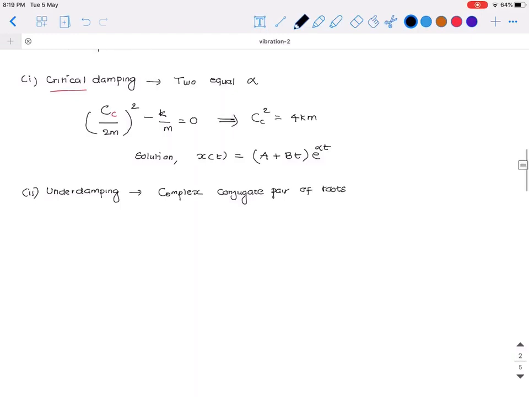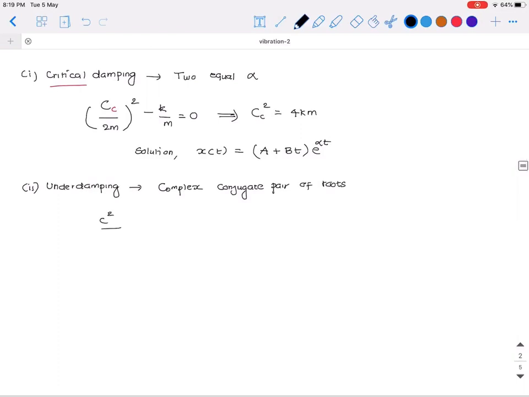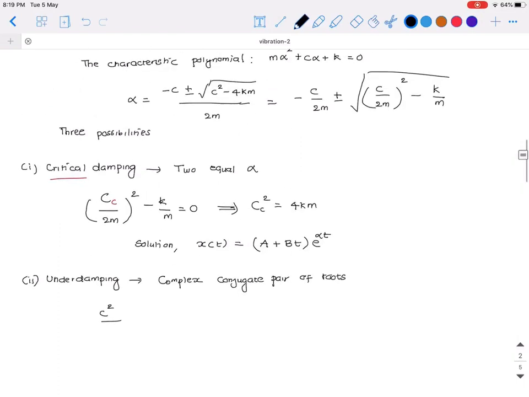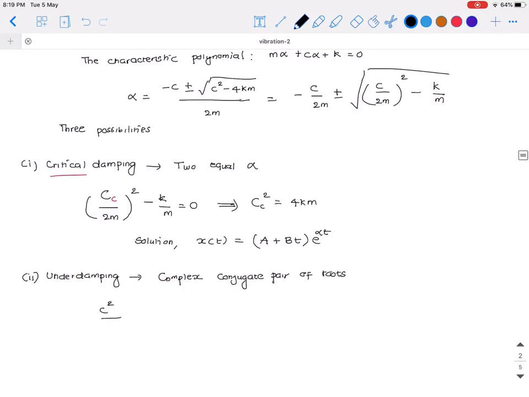So the possibility to get a complex conjugate for alpha is that (c by 2m) square minus k by m should be less than 0. Okay, so that term should be less than 0.